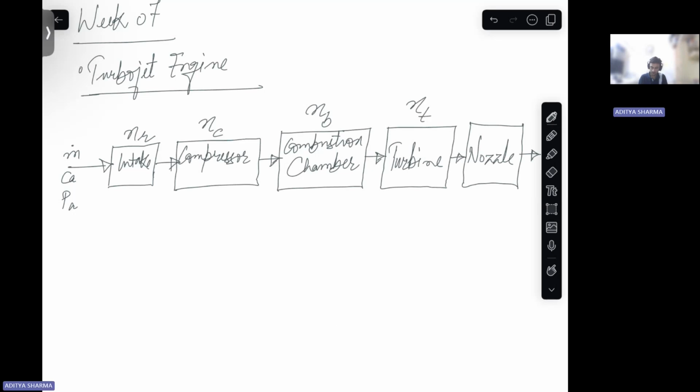Then you have the isentropic efficiency of your turbine. Then this is of the nozzle that we have recently seen. Then at the exit, we have the velocity of jet and the pressure here, PJ.